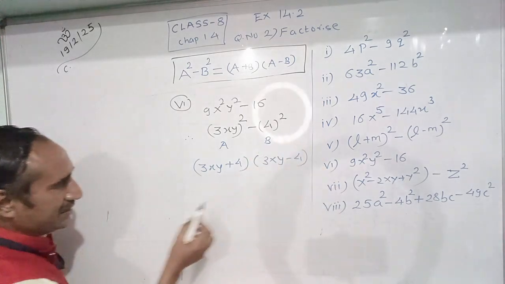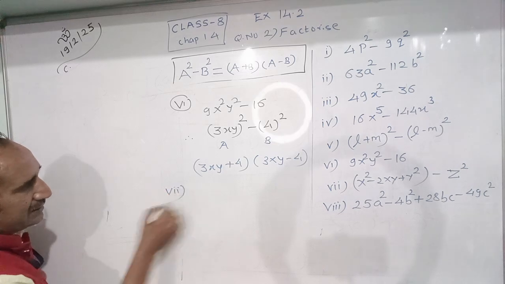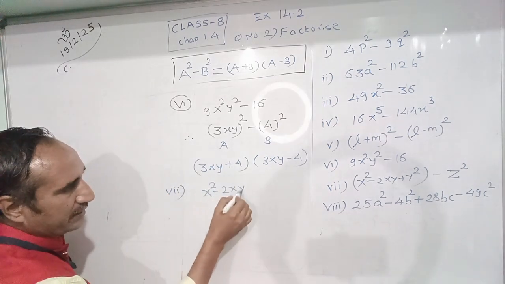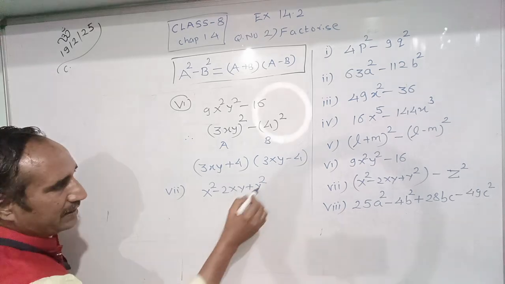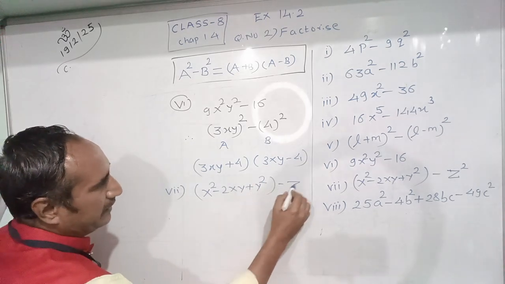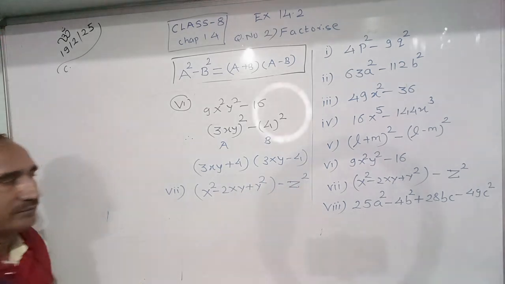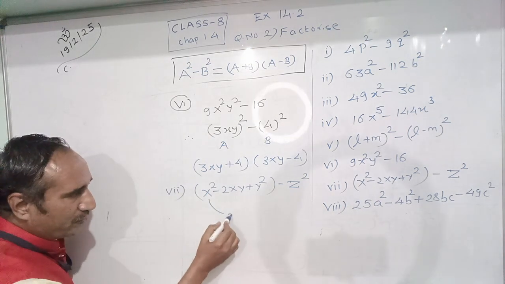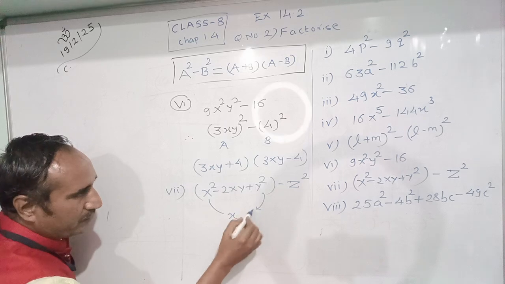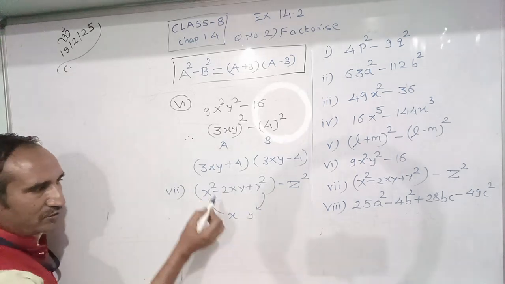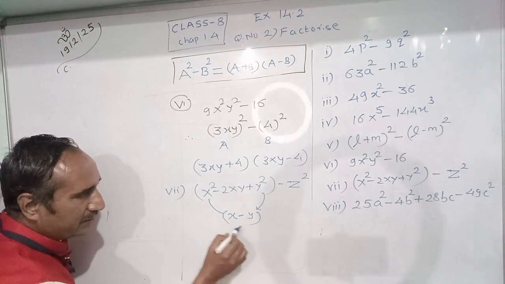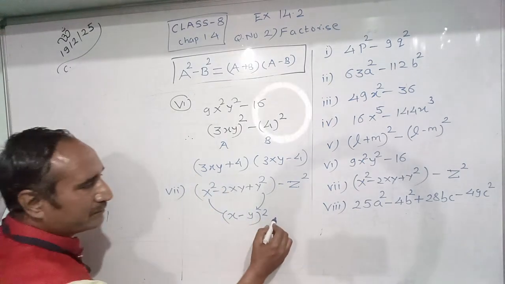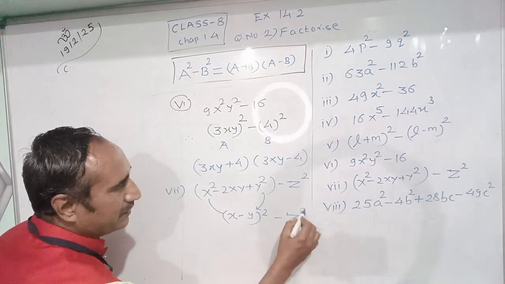Let's go for the seventh. The seventh, x square minus 2xy plus y square minus z square. Again, use the previous trick. Square root of x square is x, square root of y square is y, sign of the middle term is minus, so it becomes (x minus y) bracket square minus z square.